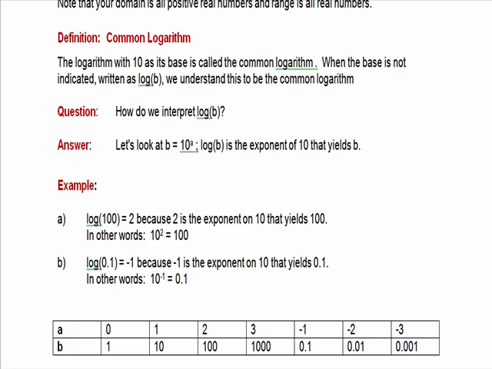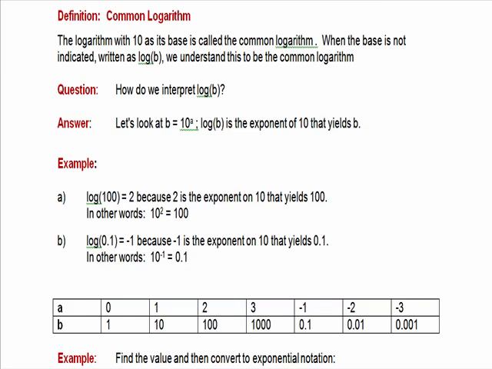What I did below here, just briefly, is I made a table. In the A row are all the exponents on 10, and on the B row are the corresponding powers of 10. So this table tells me 10 to the 0 is 1, 10 to the first is 10, 10 to the second is 100, 10 to the third is 1,000, 10 to the -1 is 1/10, 10 to the -2 is 0.01, 10 to the -3 is 0.001.